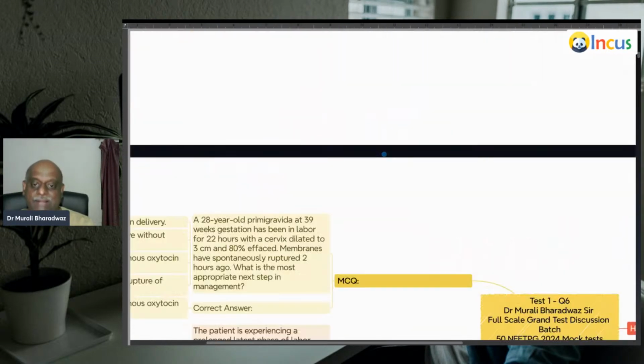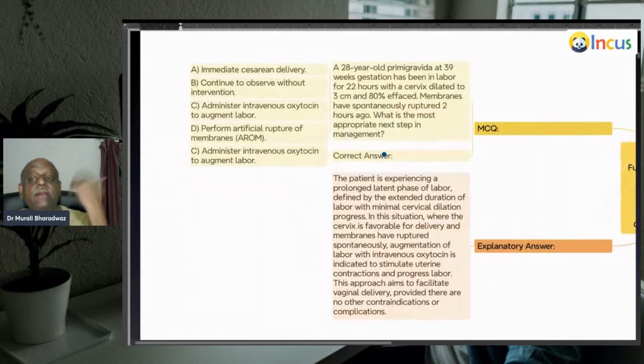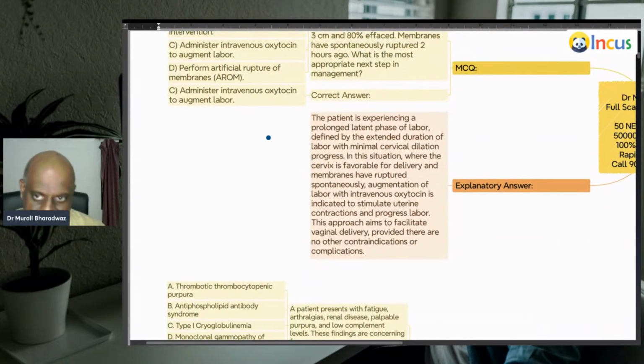Now, a 28-year-old primigravida at 39 weeks gestation has been in labor for 22 hours, cervix dilated, 80% effaced, membranes spontaneously ruptured 2 hours ago. What is the most appropriate step? You should know everything about labor dysfunction.